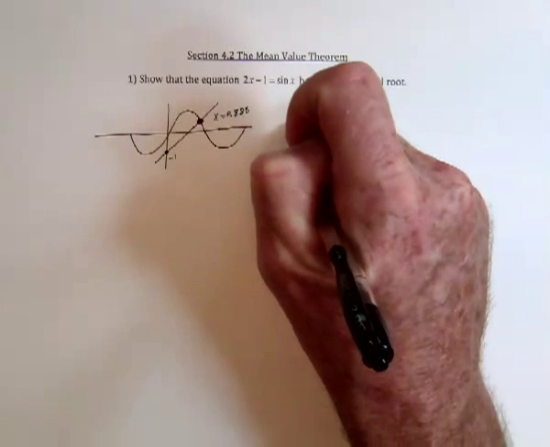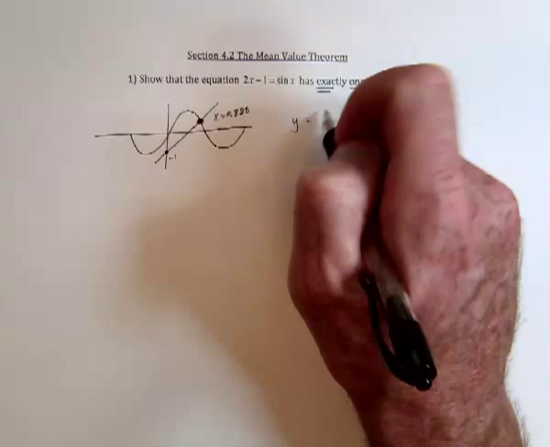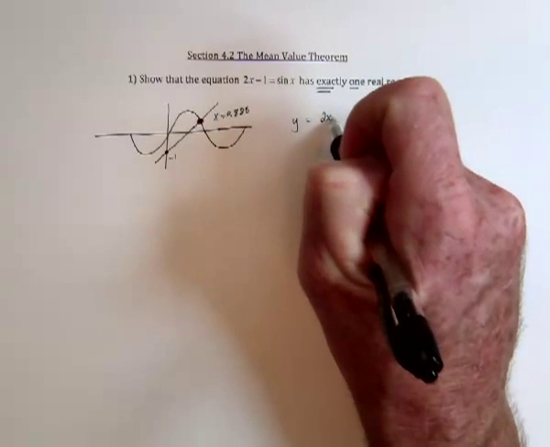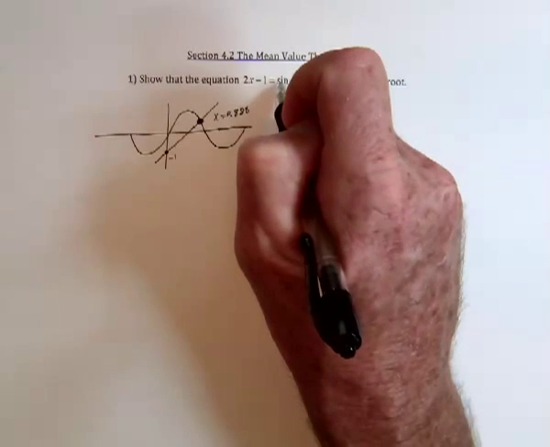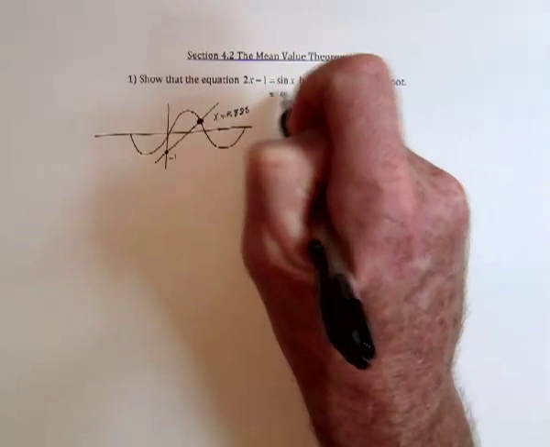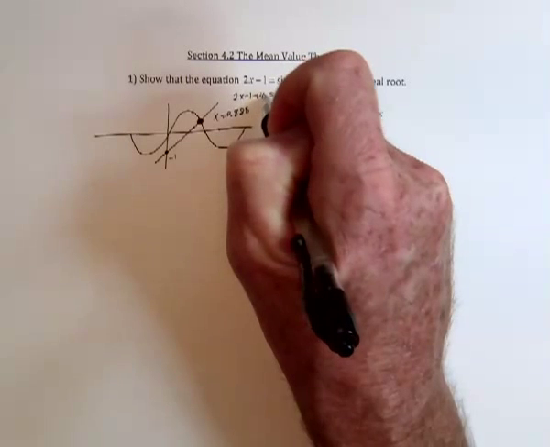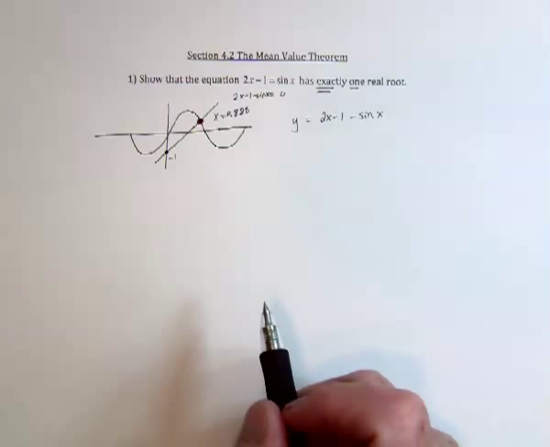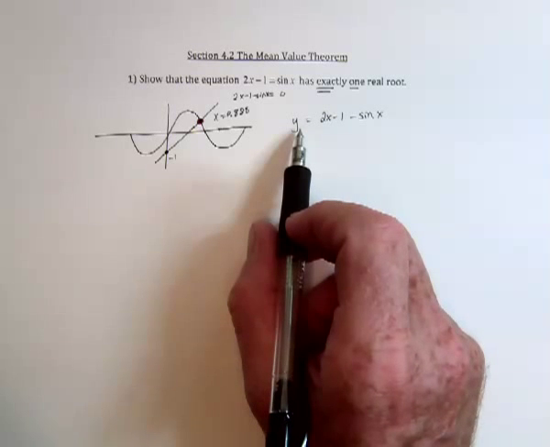So I'm going to deal with the function y equals 2x minus 1, and I'll just subtract sine x and put it on the other side. Of course when I subtract it, that would have left 0. So if we're looking at this function, we're talking about when does this function equal 0?